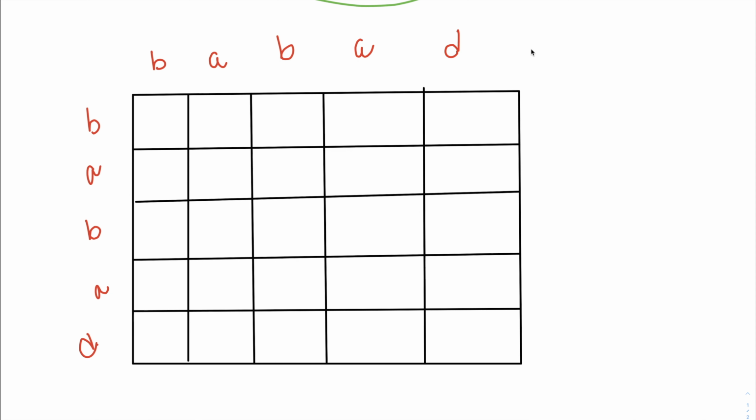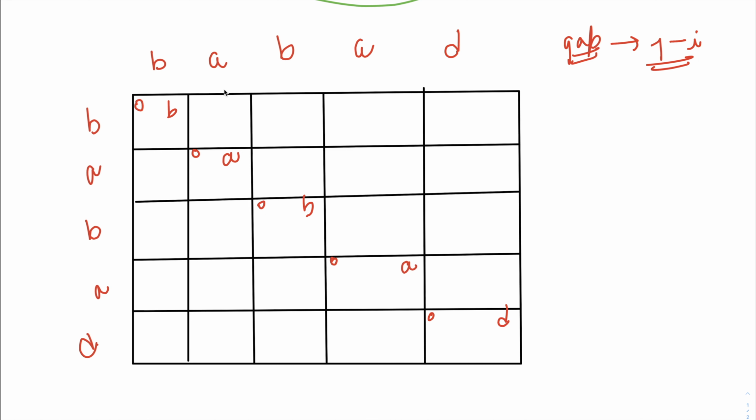So let us take a variable gap. Okay. What is gap? Gap is j minus i. So here the gap will be 0. Whenever the gap is 0, we will write B here, A, D, because the characters are the same as themselves.